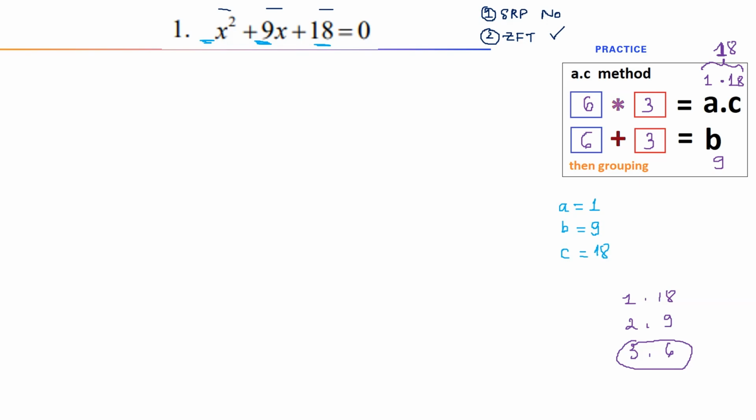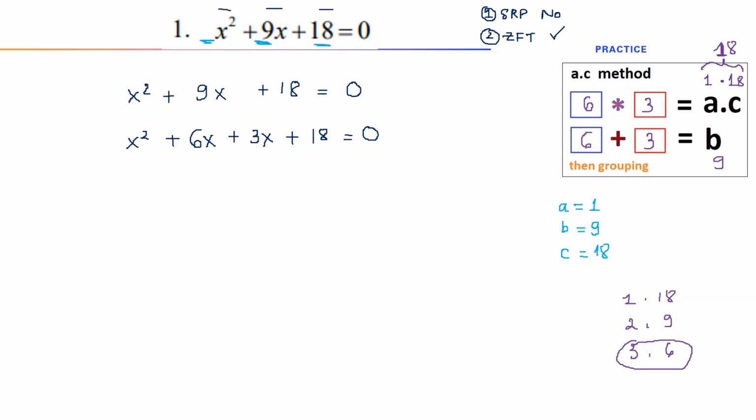So I rewrite it. I have x squared plus 9x plus 18 equals 0. Now I rewrite it as x squared plus 6x plus 3x plus 18 equals 0.